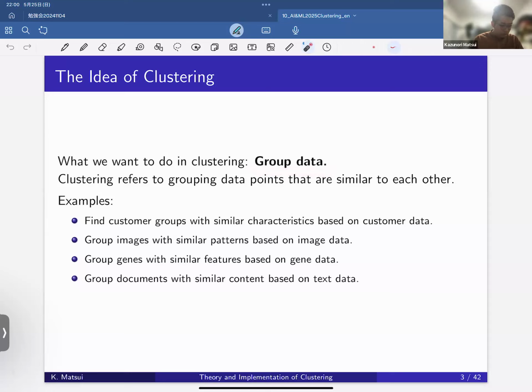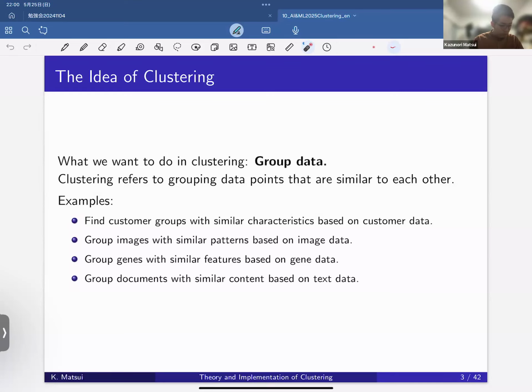For example, if we have customer data, we can find customer groups with similar characteristics based on that data. By doing this, if people in one group are buying a certain product, we can understand that other customers with similar characteristics in the same group might also buy that product.